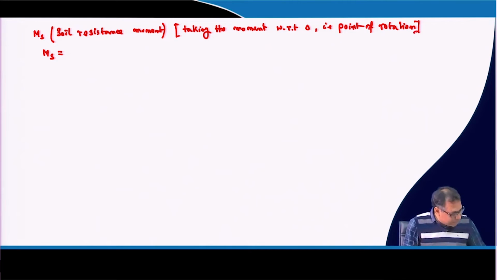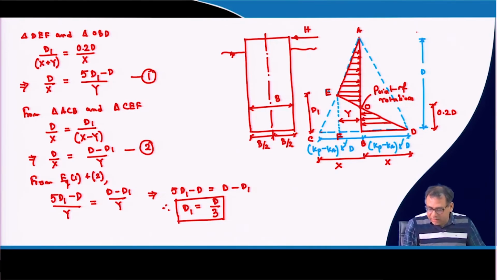Now, if I take the moment with respect to O, then what are the moments? The moment above the point O and the moment due to the soil resistance below the point O will both act in the same direction. So, we have to add them, okay? And then we have divided it into 3 parts.